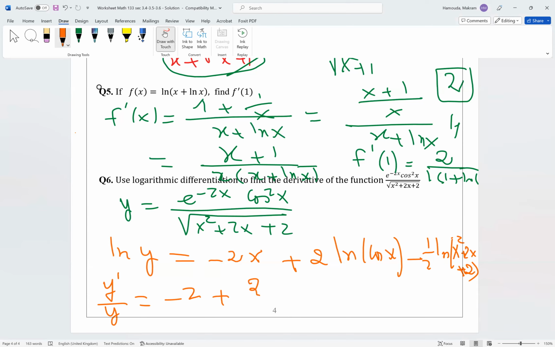You can write it, if you feel not comfortable, write the details here. The derivative of cosine is minus sine. And then you will have 1 over cosine multiplied by minus sine.